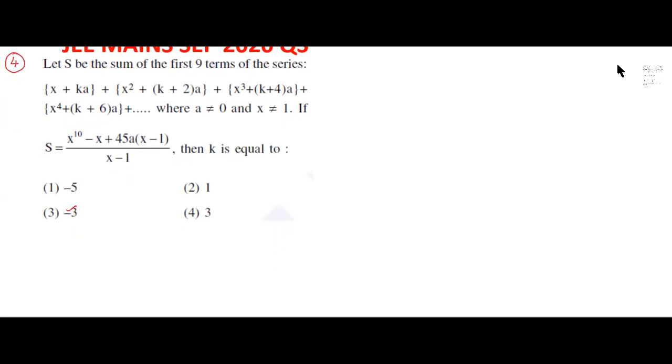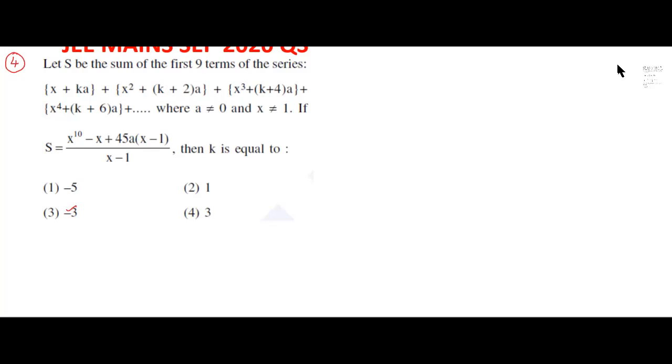S is the sum of the first 9 terms of the series. The sum of 9 terms is already given, so we need to find the K value.